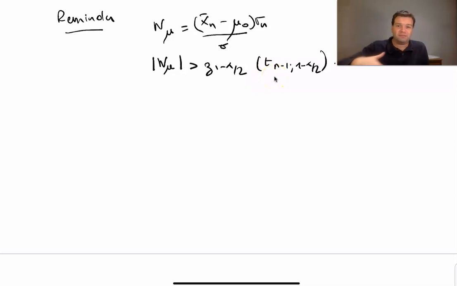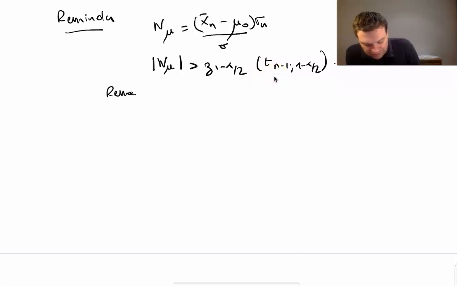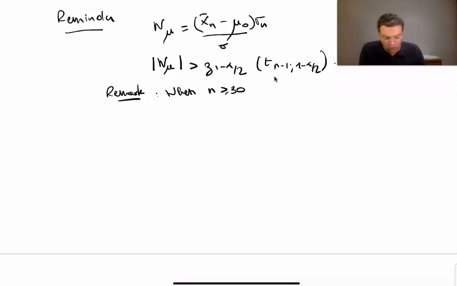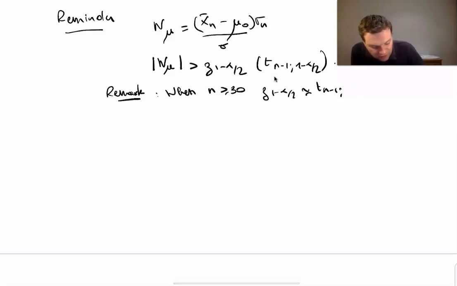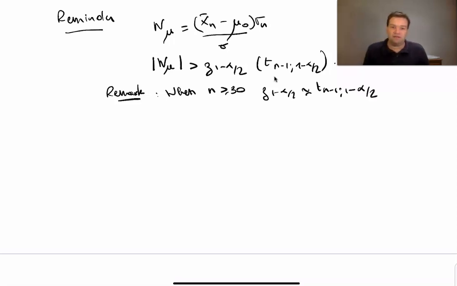When n is larger than 30, okay, I'm going to write that as a remark here. As a remark, we can say that when n is larger or equal to 30, z 1 minus alpha divided by 2 becomes really similar to t n minus 1, 1 minus alpha divided by 2.